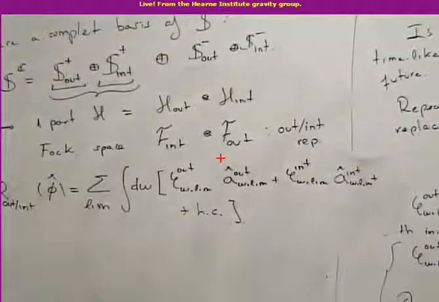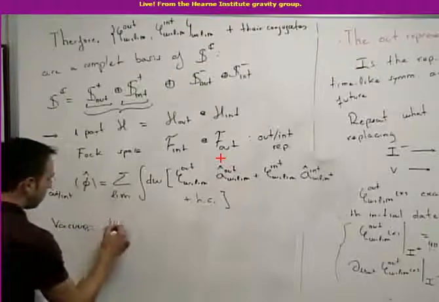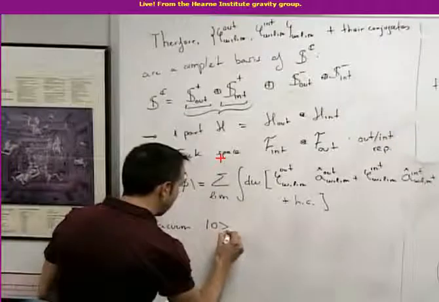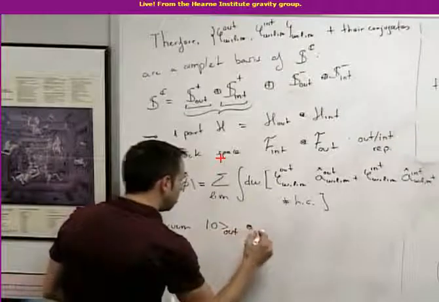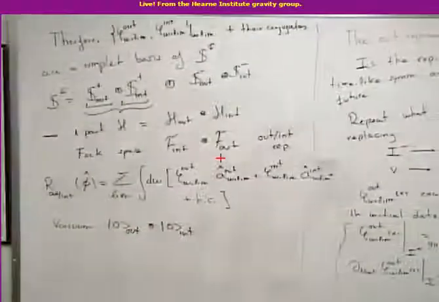This is a valid representation for the field operator, and the vacuum, as you can imagine, is going to be a product of the vacua with respect to the two sets of modes, out and in.